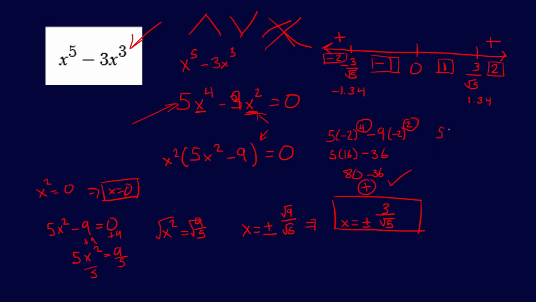So 5 times -1 to the 4th minus 9 times -1 squared. This will be 5 minus 9. That's much easier to work with. This will be a negative. And with that same trick, even exponents means positive stays positive, and the negative will turn positive. So we know this is negative and this is negative.